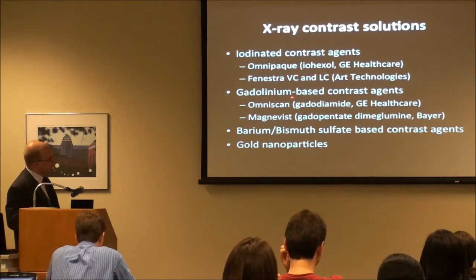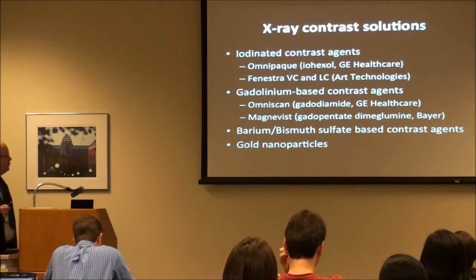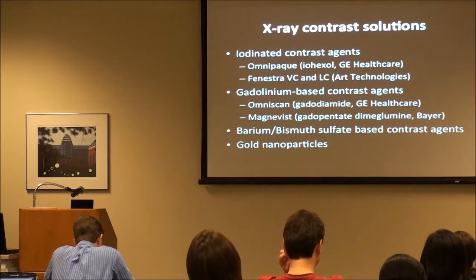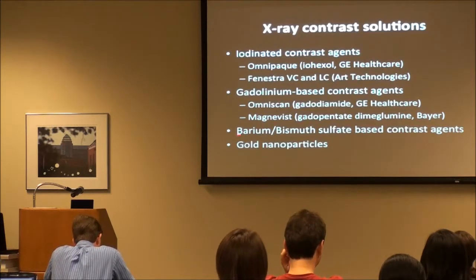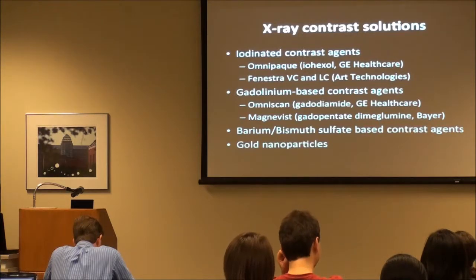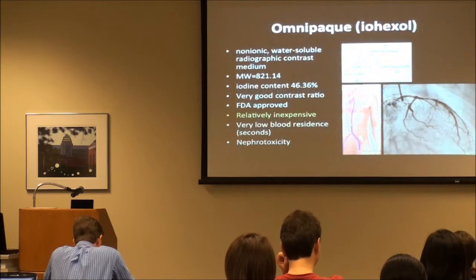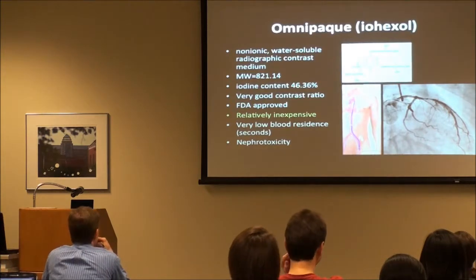There are also some gadolinium-based contrast agents used for both MR and CT. And there are some barium bismuth sulfate-based contrasts for postmortem imaging. And finally, there are some recent groups of nanoparticles, the gold nanoparticles for CT imaging. Let me just browse through a couple of examples.